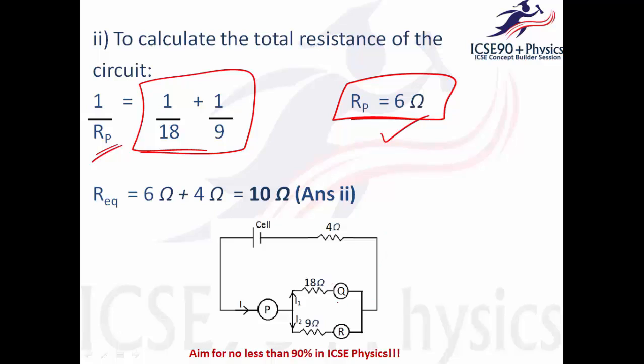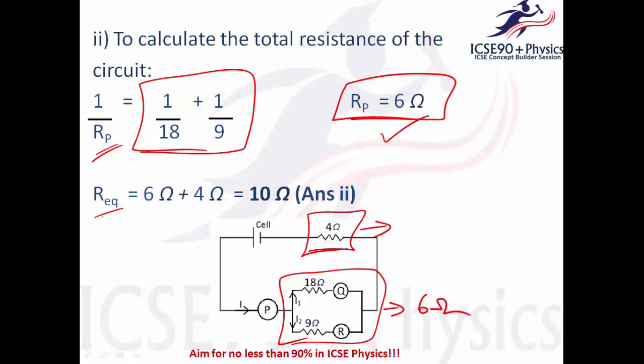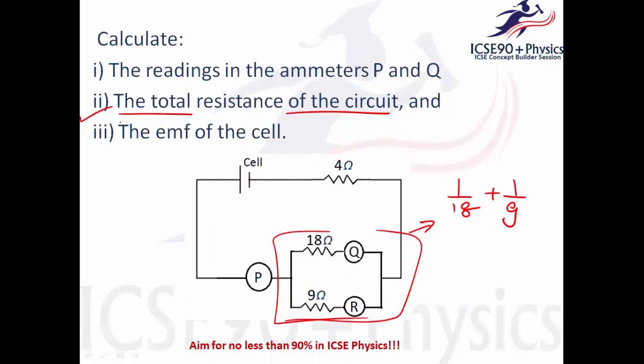And we can consider this equivalent resistance of 6 ohms to be connected in series with this resistance of 4 ohms. So the net equivalent resistance is nothing but 6 plus 4, that is 10 ohms for this cell. So the total resistance of the circuit is 10 ohms. So this answers the very second part of your question.